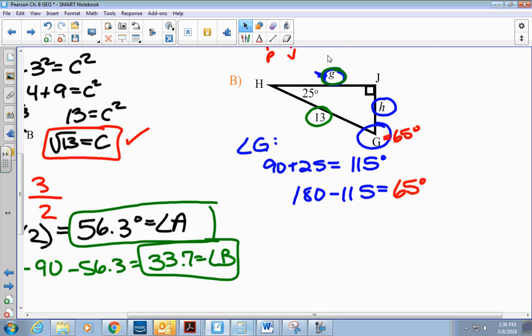Hunter says we are going to go from the 25 degrees. So H. So that 13, is it the opposite, the adjacent, or the hypotenuse? You have a 1 in 3 chance of winning. Opposite, adjacent.